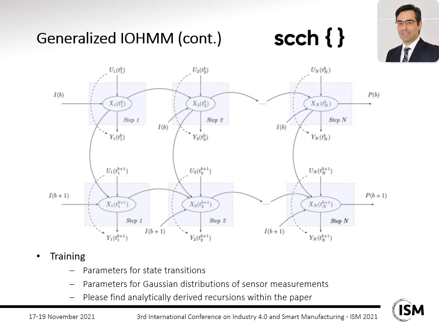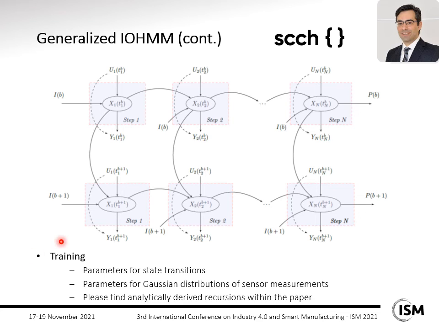The details of training such a generalized input-output hidden Markov model are described in the paper. Here we just mention the categories of the parameters considered in this training process. First of all, there are parameters associated with the state transitions.